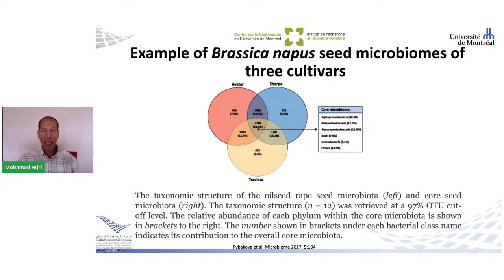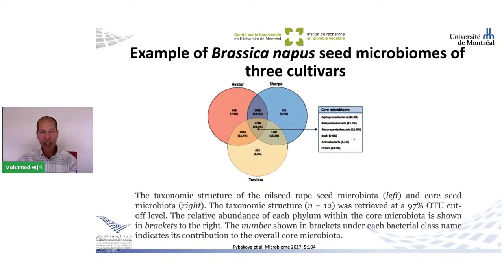If we use the definition by presence and absence, then this group presented here is dominated by Alphaproteobacteria and represents the core microbiome.